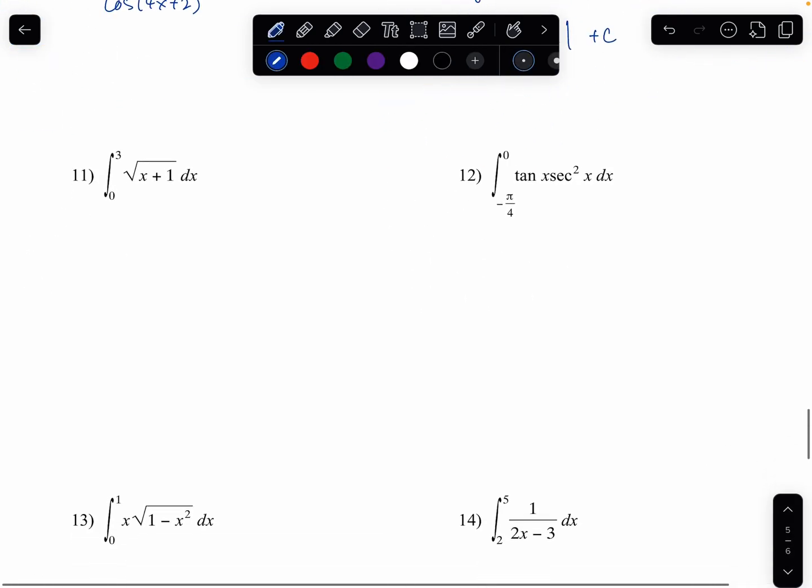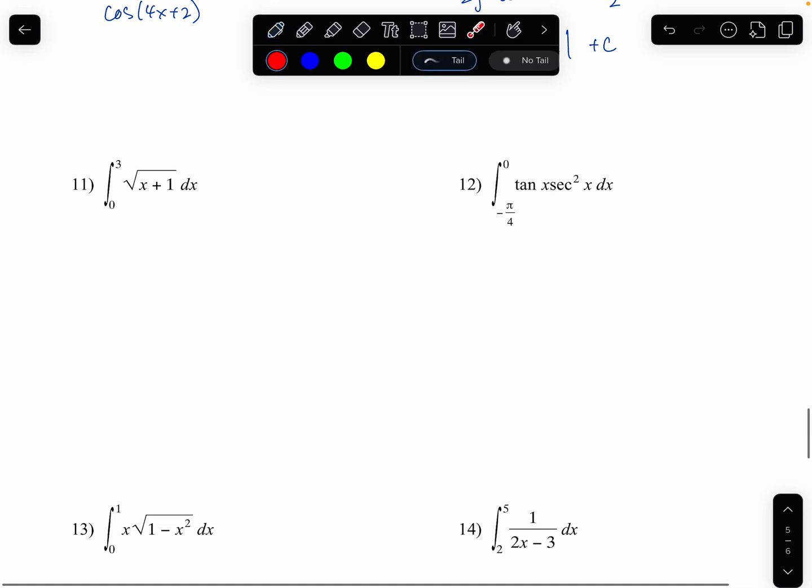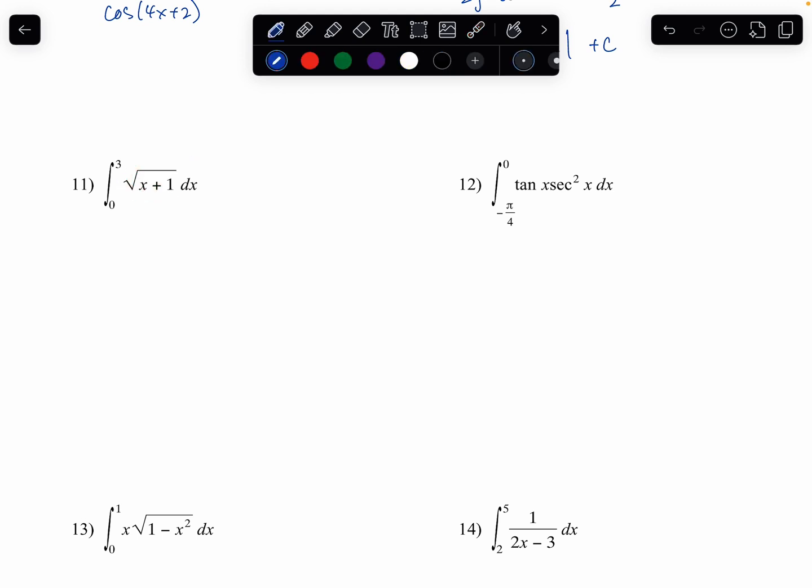Let's see here. This one is a really easy u sub. The thing is, there's no product, but you can tell right here that it's x plus 1. That's really easy, and I know what the derivative of the square root is.